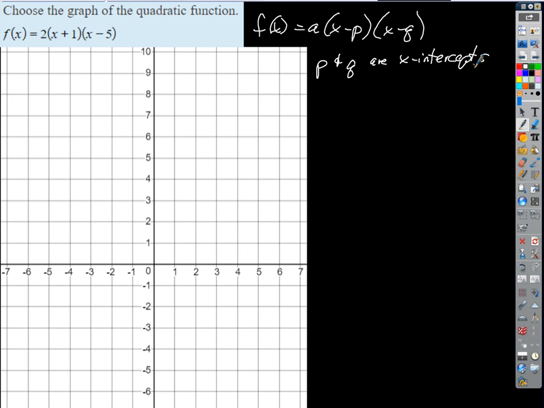So what are those values? We know what A is. We don't even really care, but what's A? 2. What's P? No, negative 1, right? Because we're subtracting, right? So P is negative 1. What's Q?